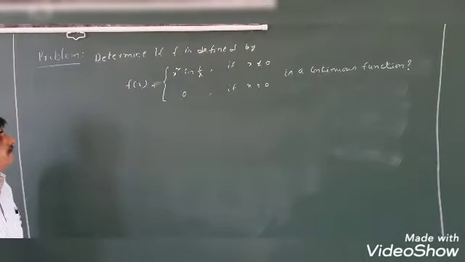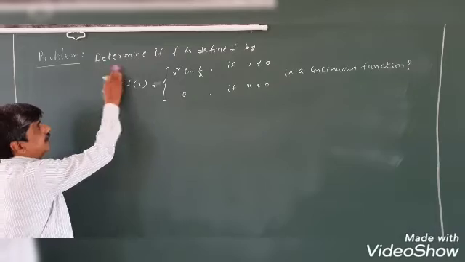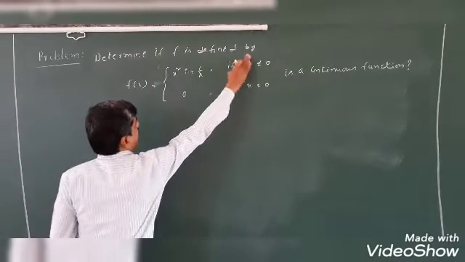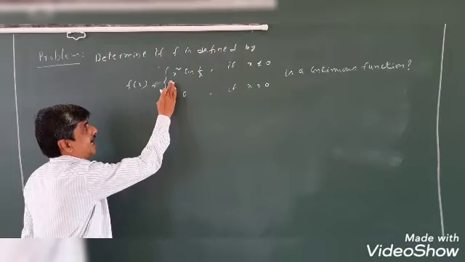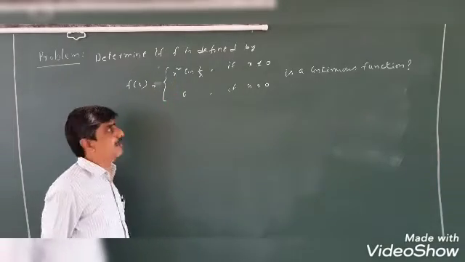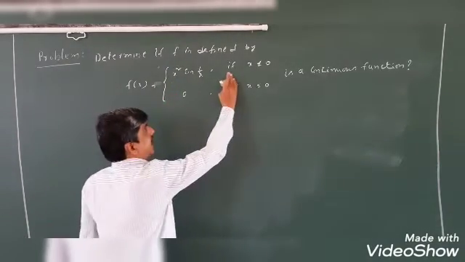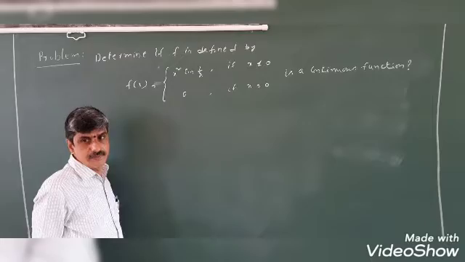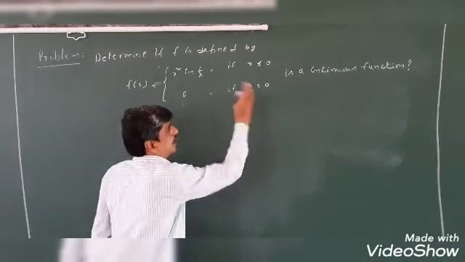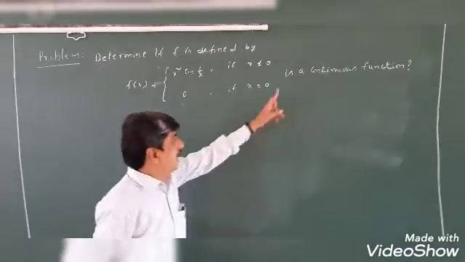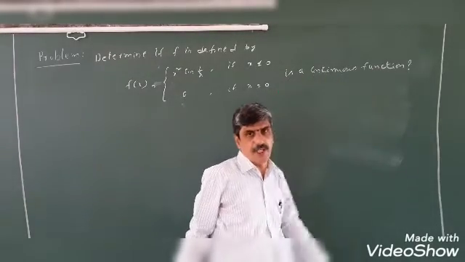Next numerical. Determine if f defined by f of x is equal to x square into sine of 1 by x if x is not equal to 0, and f of x is equal to 0 if x is equal to 0, is a continuous function.